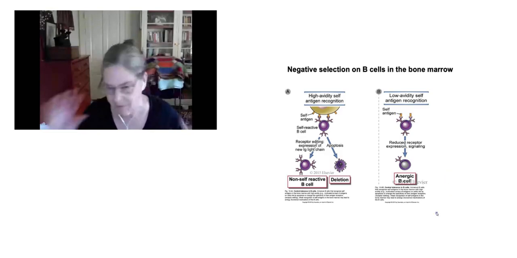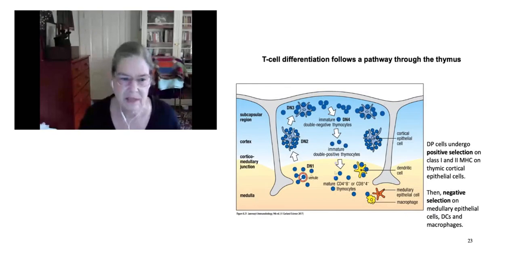So I know that's going to be confusing to you, but anyway. But let's talk about T cells, because they're very cool and they're better understood. So you've got a postcapillary venule, you've got cells coming into the thymus, and they actually go through maturation in particular places in the thymus, and they're going to recombine their genes and all that.